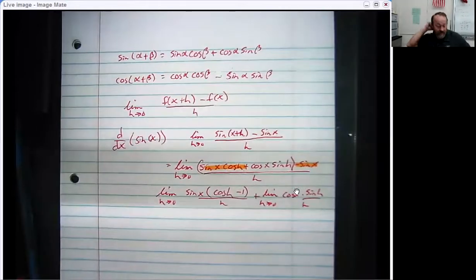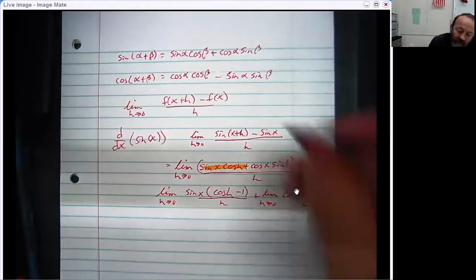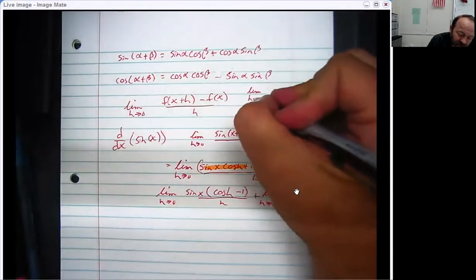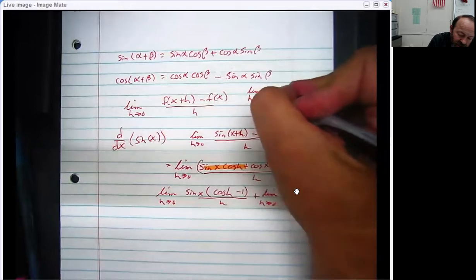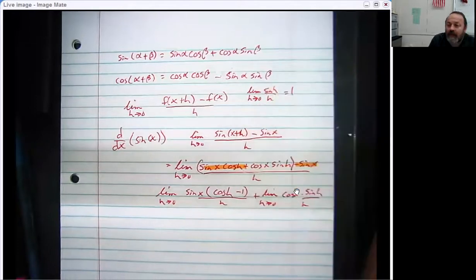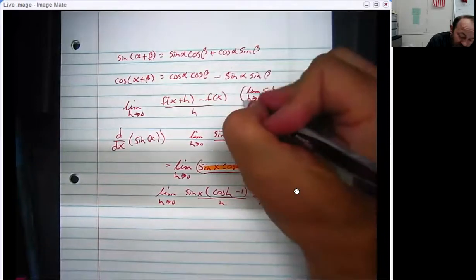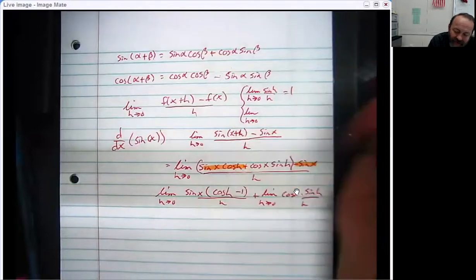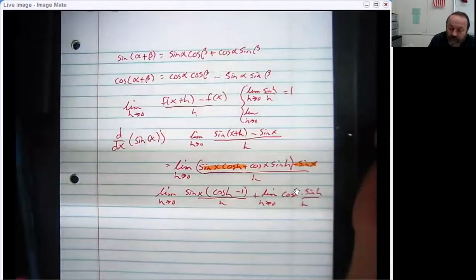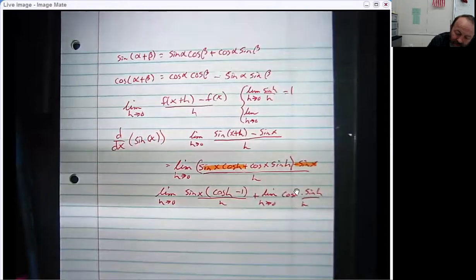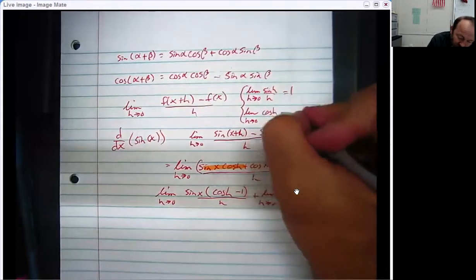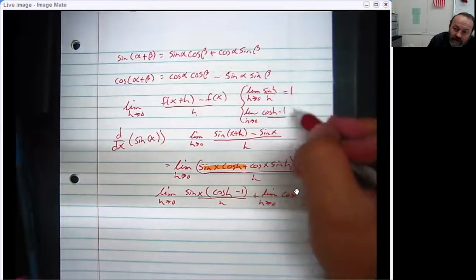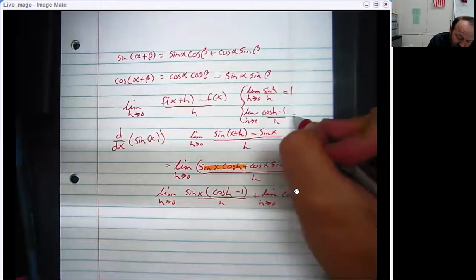And I had intended to remind you of this as I got started, but the squeeze theorem long ago, we figured out that the limit as h goes to 0 of sine h over h was 1. And in a similar set of logic, we actually learned that a little while ago. It's one of the Maximus things that we did from Mr. Corpy. We had a series of arguments that established that the sine of h over h is 1 and the cosine of h minus 1 over h was in fact 0.